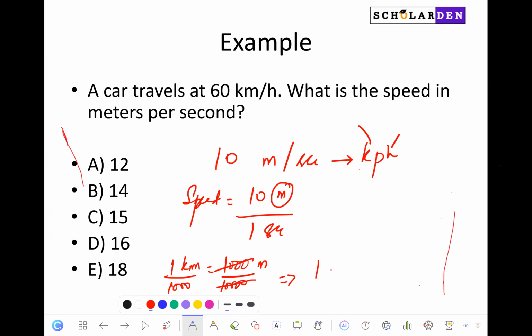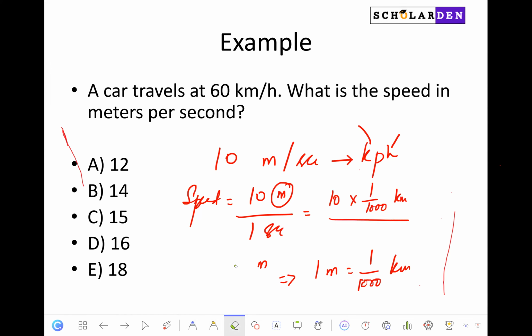This implies that 1 meter is actually 1/1,000th of a kilometer. So this tells us that 10 times 1/1,000 kilometers.